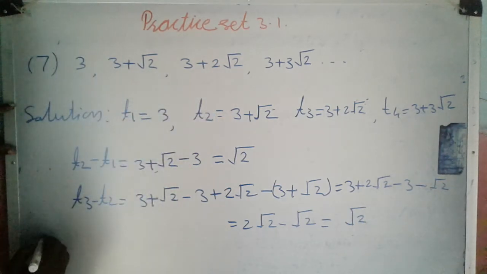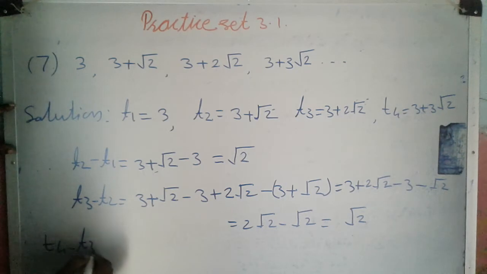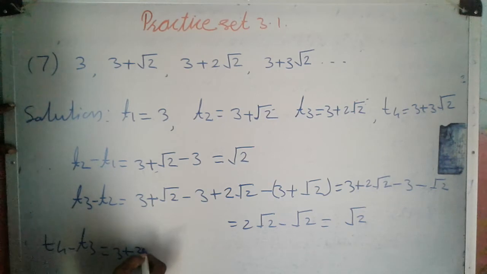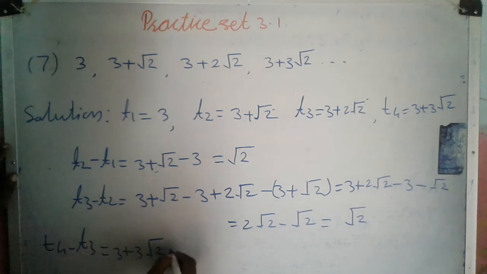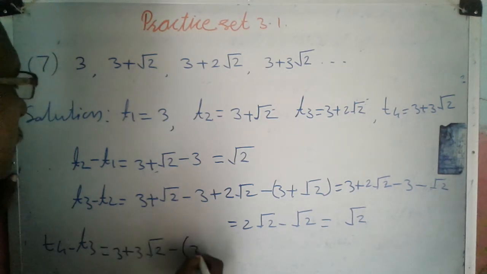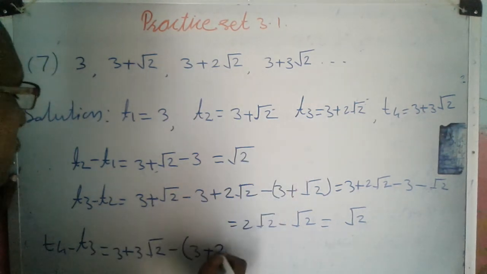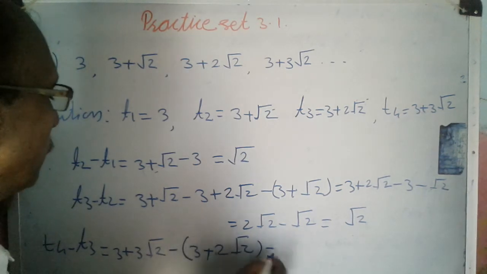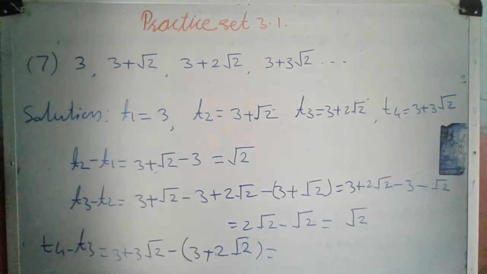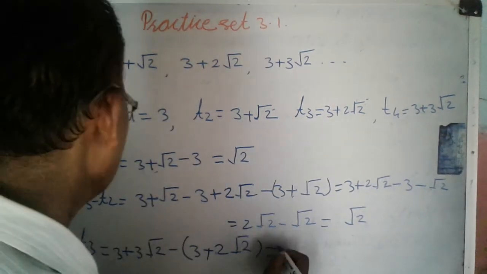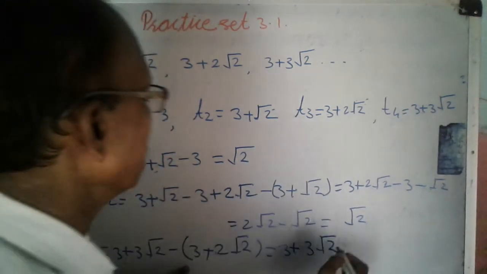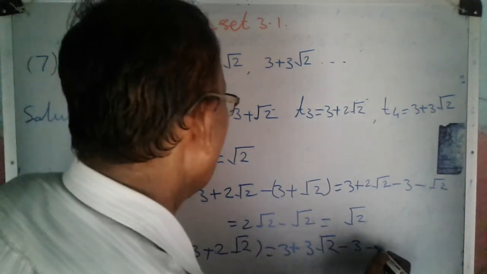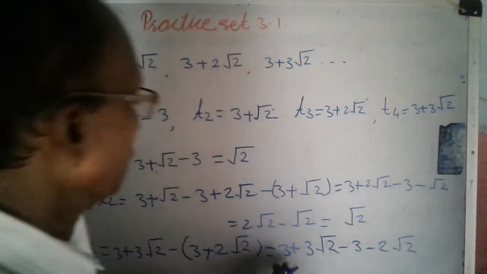Now T4 minus T3. 3 plus 3 root 2 minus, in the bracket, 3 plus 2 root 2. After removing this bracket we get 3 plus 3 root 2 minus 3 minus 2 root 2. 3 minus 3 is 0.